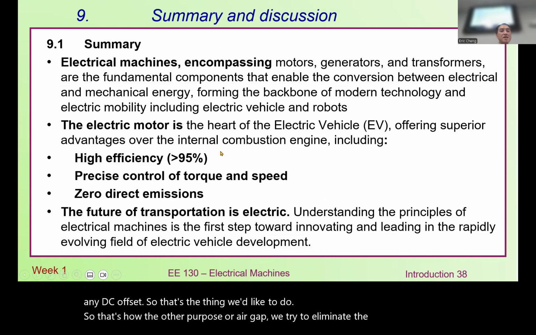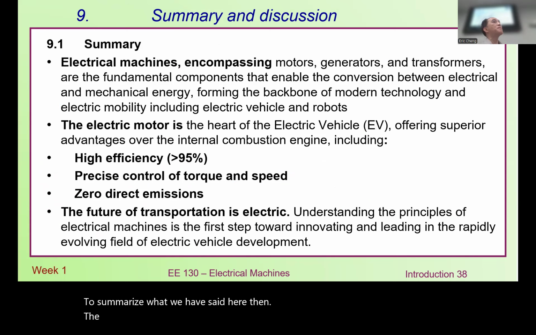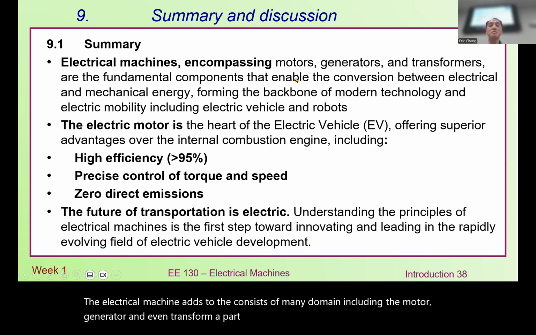To summarize what we have said here, electrical machine actually consists of many domains, including the motor, generator, and even the transformer part of the electrical machine.